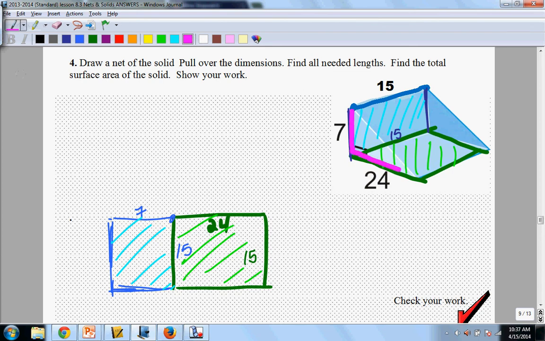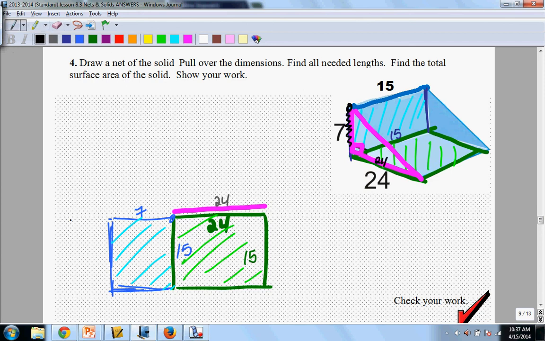Now, let's get that triangle. Do you see the triangle? There's a right angle there. The flat part of the triangle hinges along what edge? 7. And the 24. So the legs of the triangle have to match up to the 7 and the 24. So go like that. That is 24. That's this guy right there.